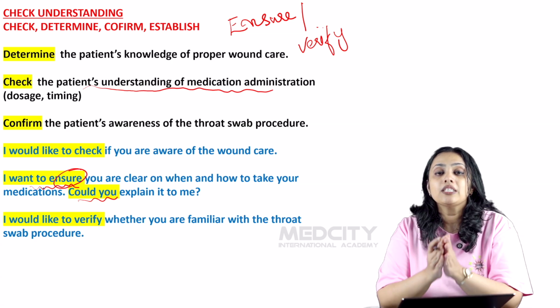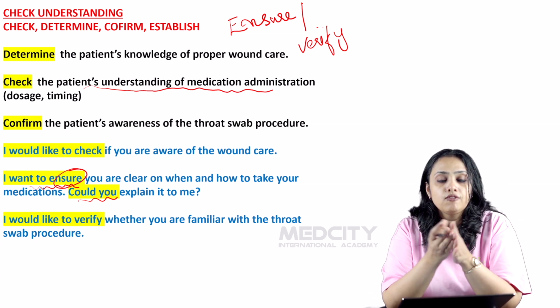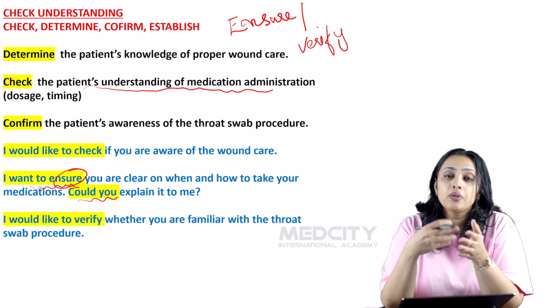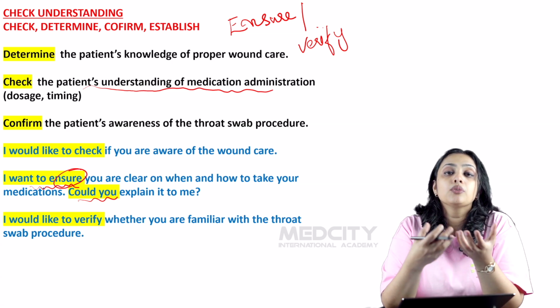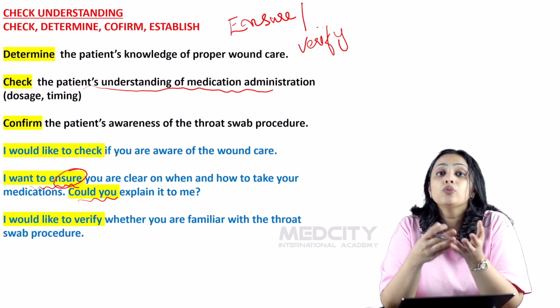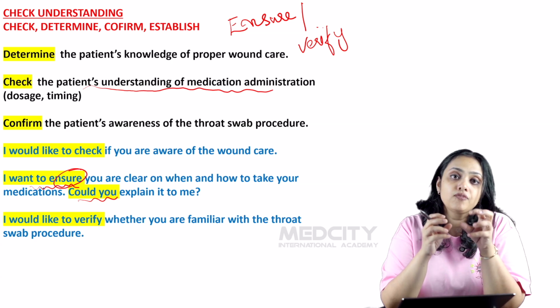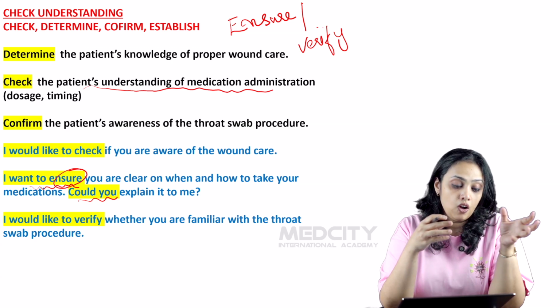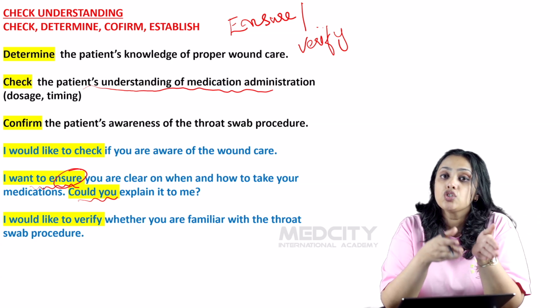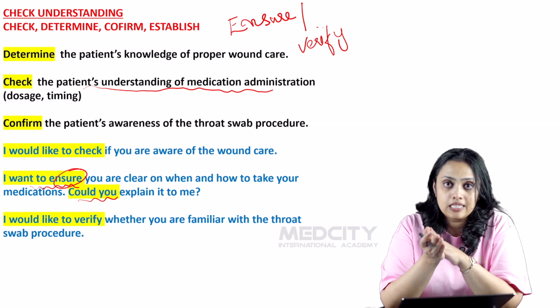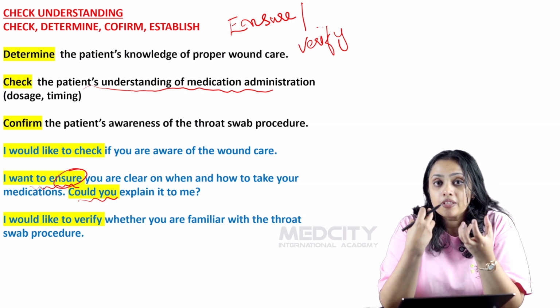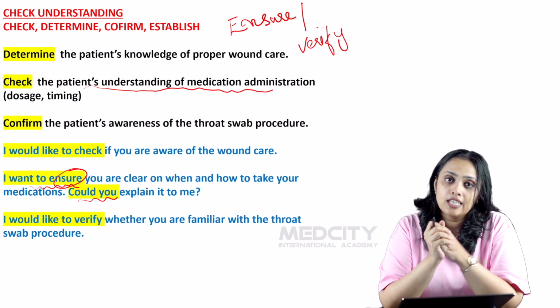So I hope you understood the difference between requesting information and verifying. In requesting information, you can put it like, may I know, or could you please tell me. But here, if the key verbs are of these forms like check, determine, confirm, or establish, you should be reflecting that in the responses that you give.